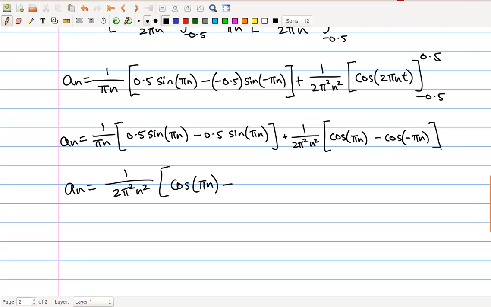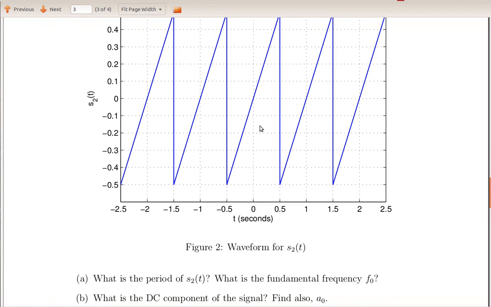Now, cos is an even function. So when I take out the negative sign, we don't have to change the sign here. So this is equivalent to saying cos of pi n. And look at this, because these are equal, of course they subtract to 0. And this is what we expect, because originally we saw this function is purely odd.